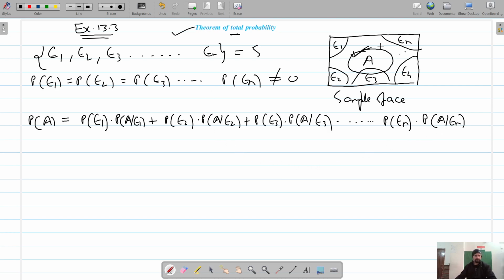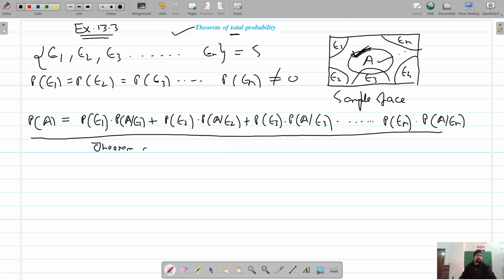So if we have a number of events that make up the sample space of a particular experiment, and among them we have to find the probability of, let's say, event A, this is how we are going to find the probability. This is what the theorem of total probability says.